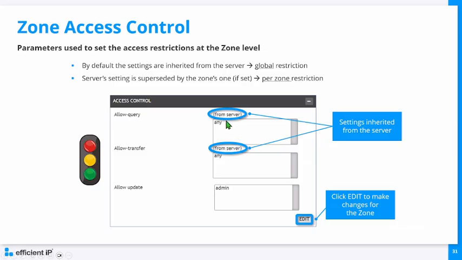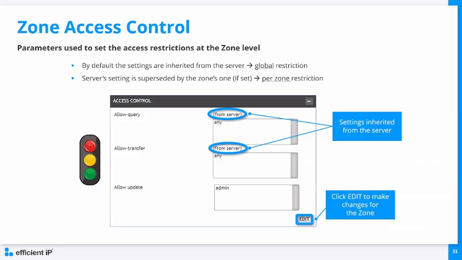Now, when you go to the zone access control, you will see things like "from server". From server means the setting is inherited from the server. If you don't want that, you can edit and override it. The access control at the server level is inherited by all the zones.